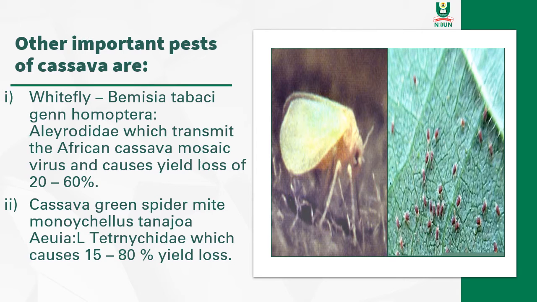This is what they look like in this picture here, and once they attack the top, they inject this virus into the cassava plant, and at the end of the day, you get very little or no cassava tuber. Also, another important pest is the cassava green spider mite, and this also causes 15 to 80% yield loss in cassava plants.